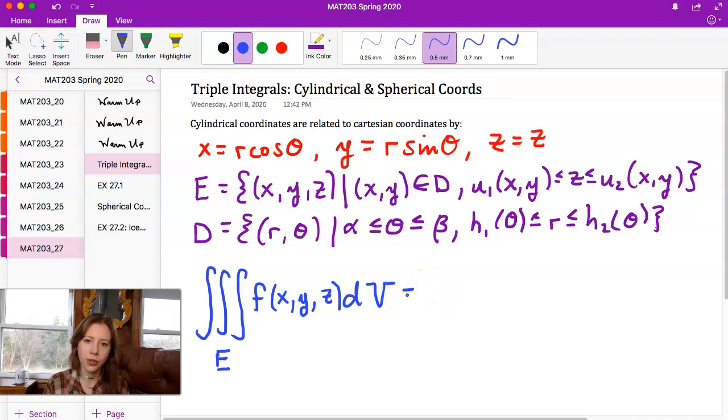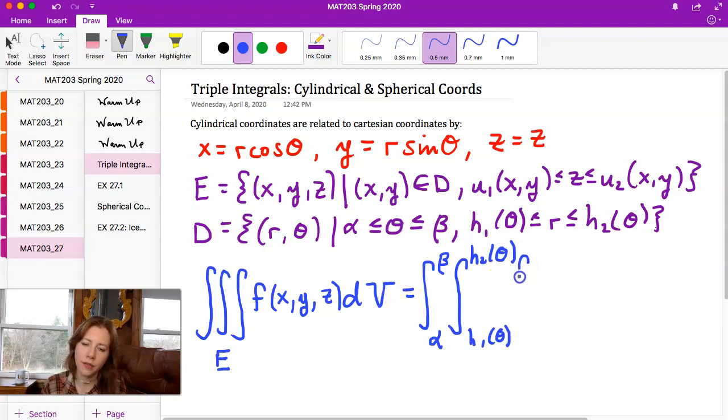So it's going to be equal to, we're going to start with theta on the outside, and we're going to go from alpha to beta. Then r is going to be some function in terms of theta to the upper bound, also in terms of theta.